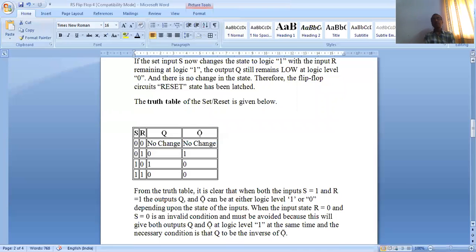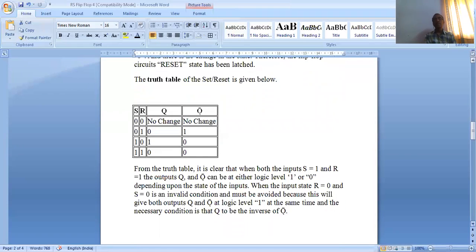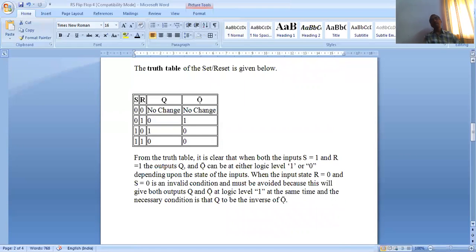When the input state is R equal to 0 and S equal to 0, it is an invalid condition and must be avoided because this will give both outputs Q and Q bar at logic level 1. At the same time, the necessary condition is that Q must be the inverse of Q bar. This condition is satisfied. Q and Q bar cannot be the same. According to the rules of mathematics, Q and Q bar must be opposite to each other.